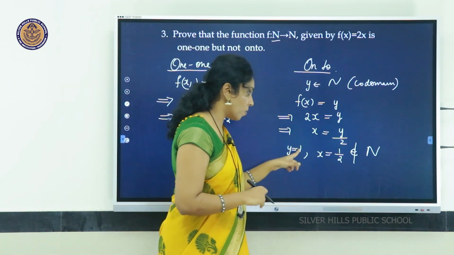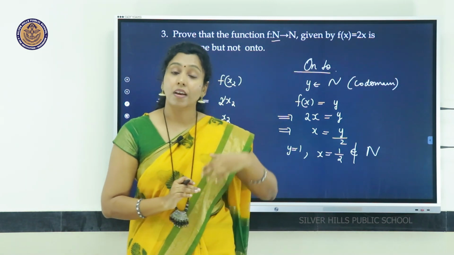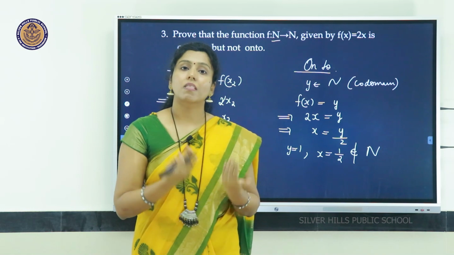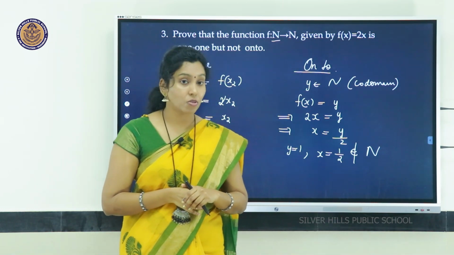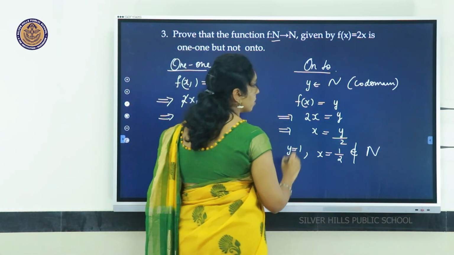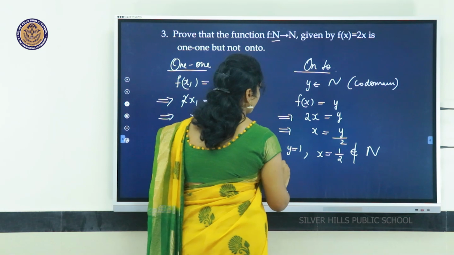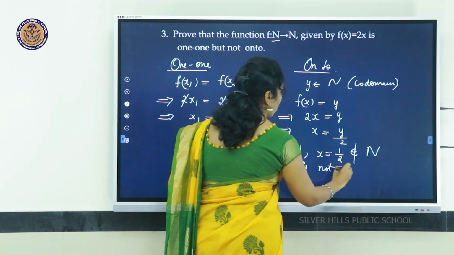I gave y as 1, it does not have a pre-image. In the same way I can conclude, if I take any odd number, there does not exist a pre-image for that. So, what is the conclusion? We proved the given function is not onto. So, therefore, f is not onto.